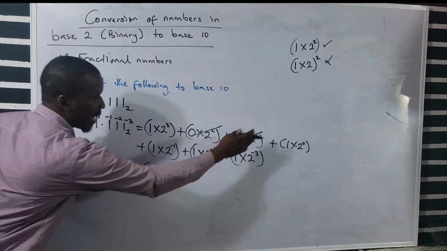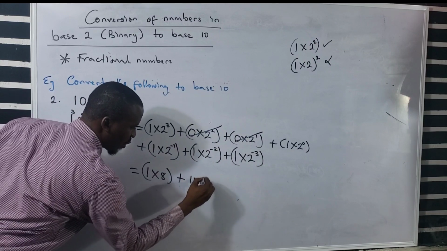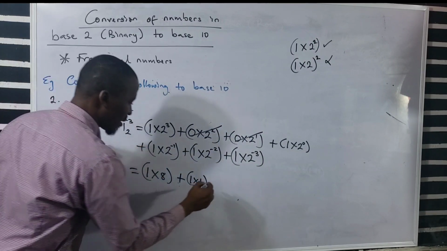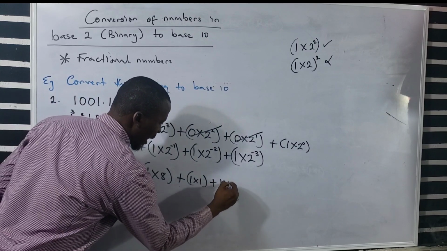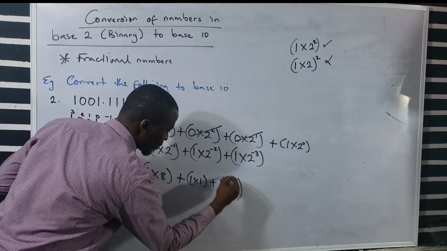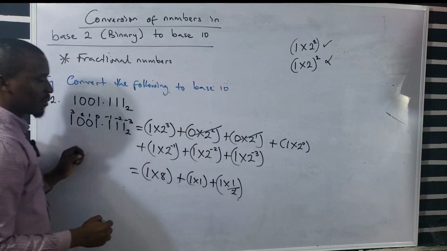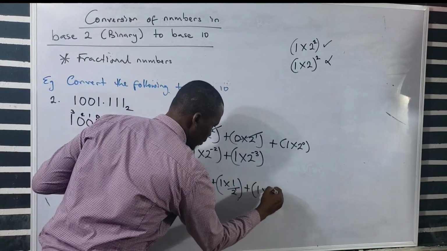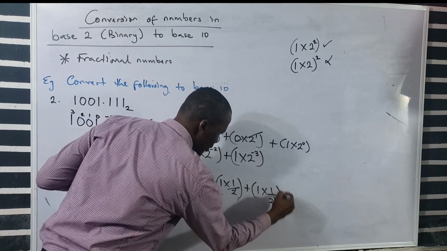So that one will give us 1 times 1 because anything raised to power 0 will give you 1. Then this will give you 1 times 1 over 2 raised to power 1. This will give you 1 times 1 over 2 raised to power 2.